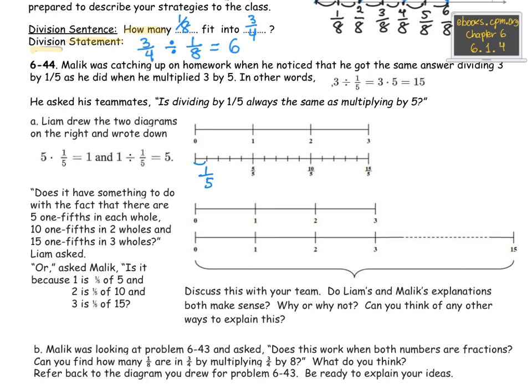So if we are saying how many 1/5 fit into the 3, we should get 15, or 3 groups. So one group of 5 of them, 1 2 3 4 5, another group of 5, and another group of 5, but they're 1/5. So I do see it. Hopefully you do see it too. So it does make sense to me.